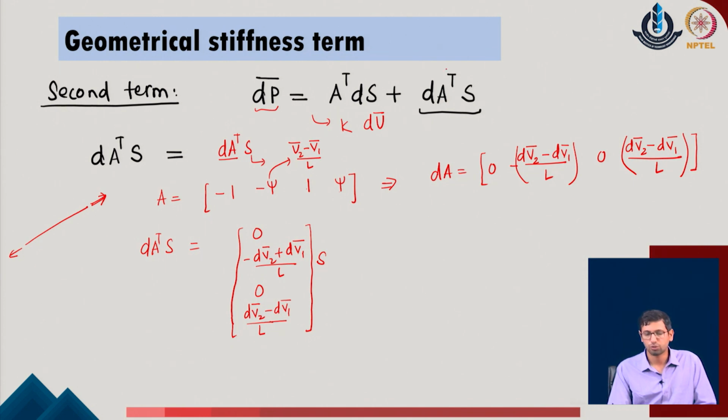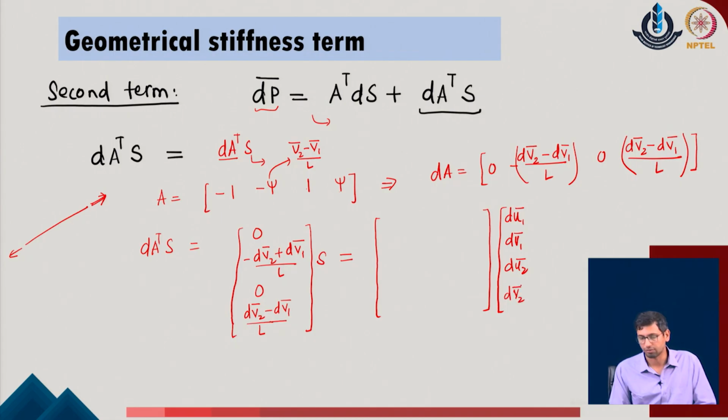So I eventually want to get the du bar multiplier from this expression also. In order to get it, I write the given system such that the overall parameter is written as it is, and I multiply it with du bar, which is d of u1 bar, d of v1 bar, d of u2 bar and d of v2 bar. So this is a 4 cross 4 matrix which I am considering, and this is a 4 cross 1 vector.